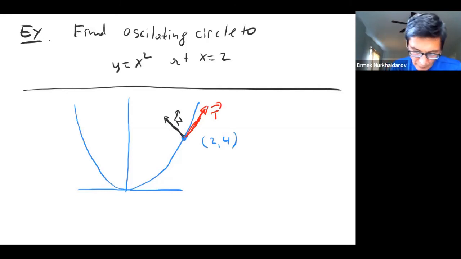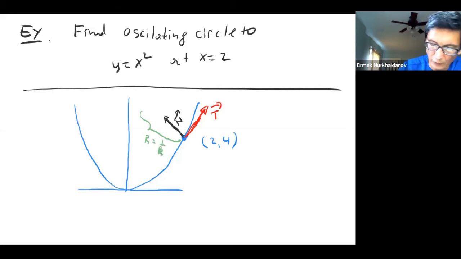Okay. What do we do? We find the radius of the oscillating circle, which is going to be 1 over curvature. Along the normal vector, we travel from the given point toward the center and we reach it. Does that picture make sense? That's going to be the center.